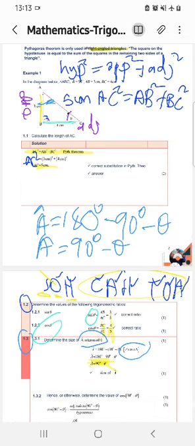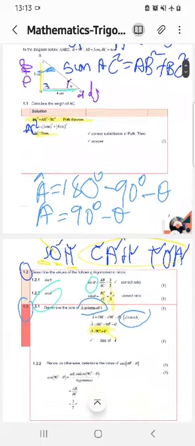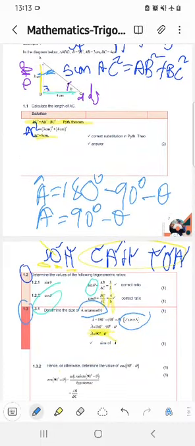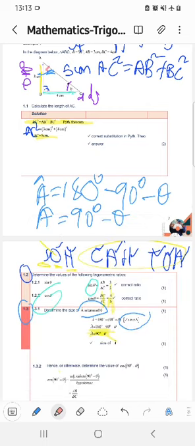Now let's look at the next problem. They said hence or otherwise determine the value of cos of 90 minus theta. Now look at this one, the interesting part. 90 minus theta is the angle here, the one I'm shading with red, at the top.